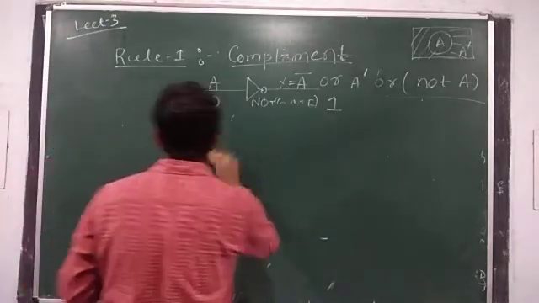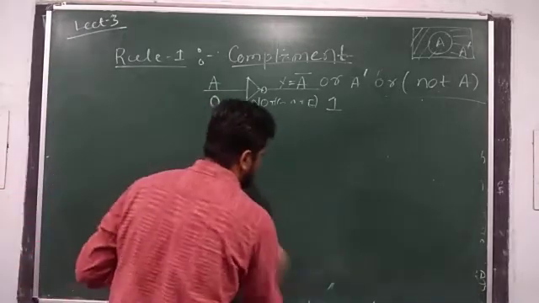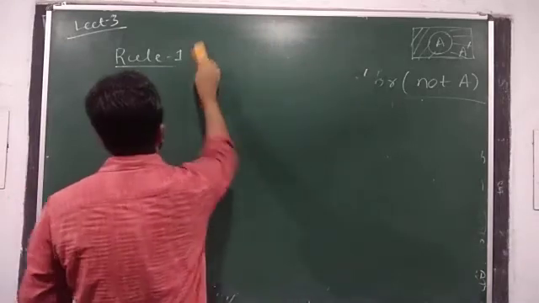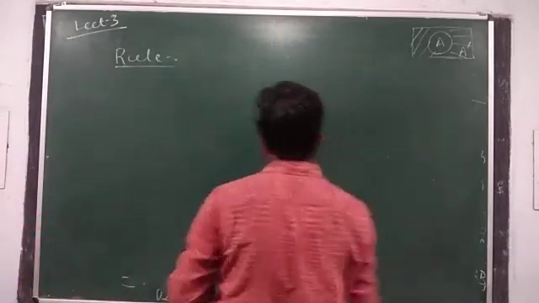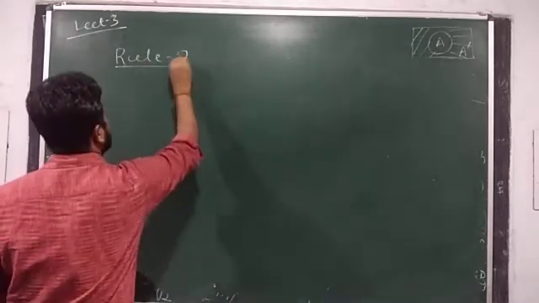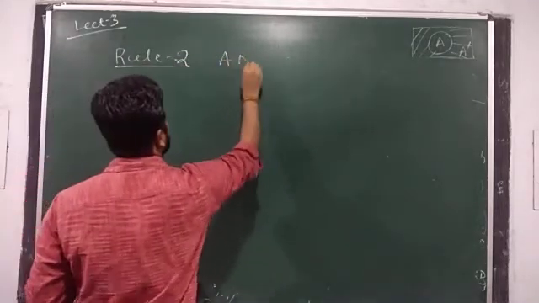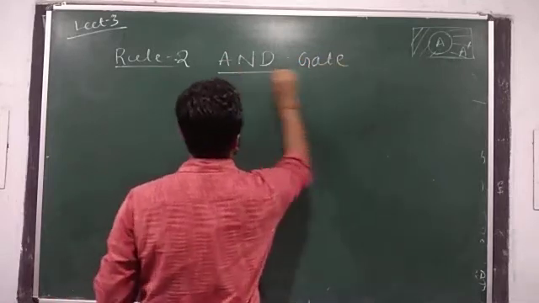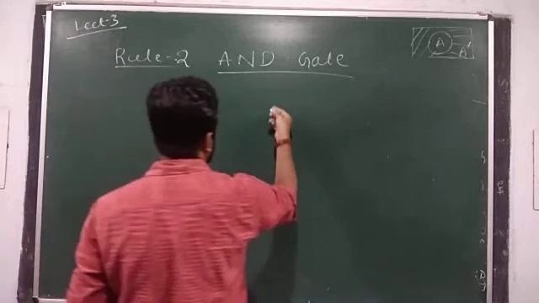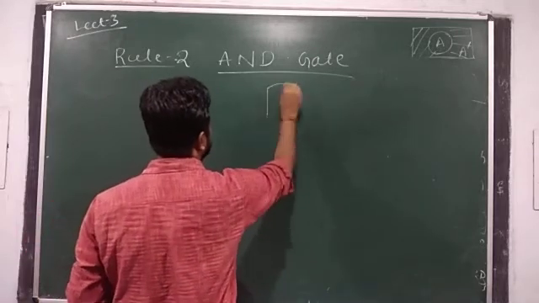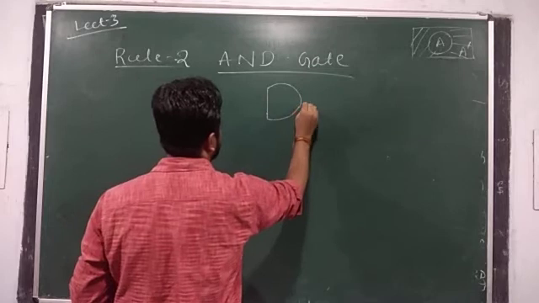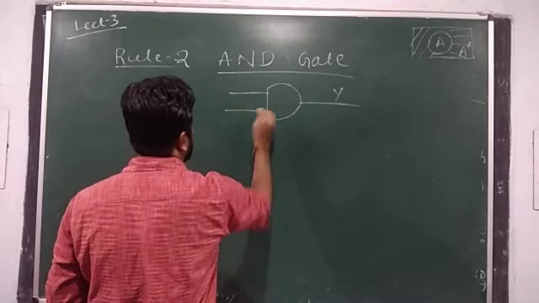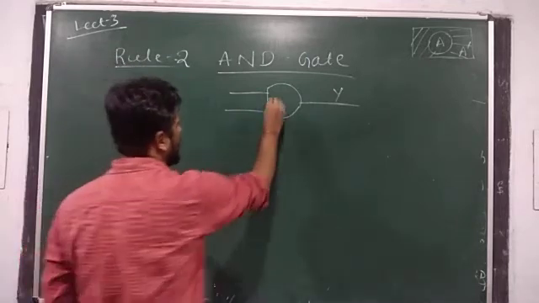The next gate, the next logic we will study about, that is rule number 2, the AND gate. The logical symbol for the AND gate is this.